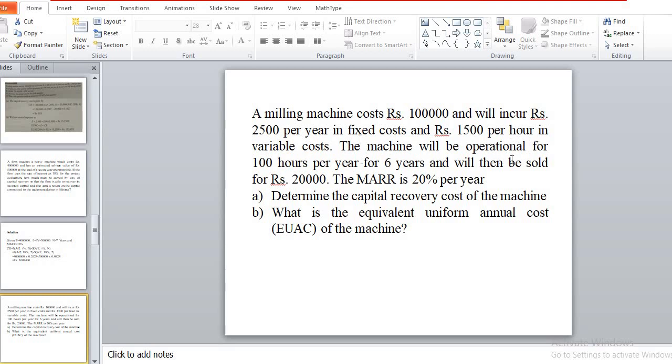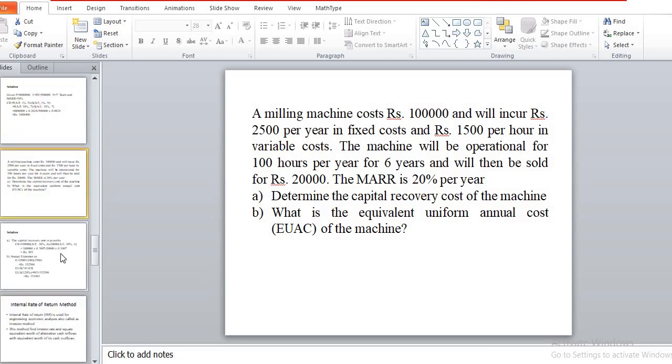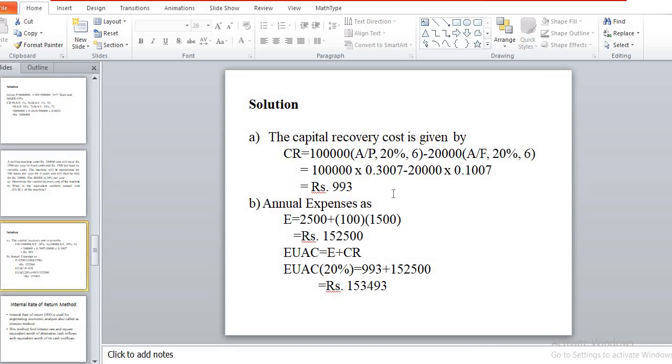The machine will be operational for 100 hours per year for 6 years and will then be sold for rupees 20,000. The minimum attractive rate of return is 20% per year. Determine the capital recovery cost of the machine and the equivalent uniform annual cost, EUAC, of that machine. So they ask two quantities. So we have these formulas.